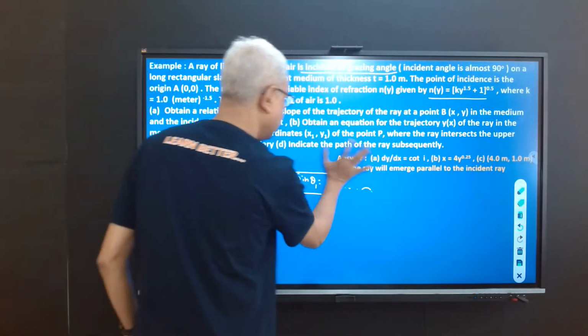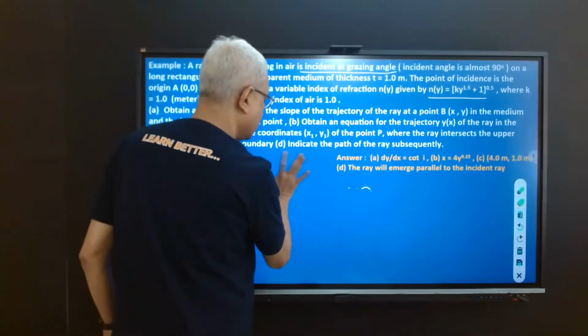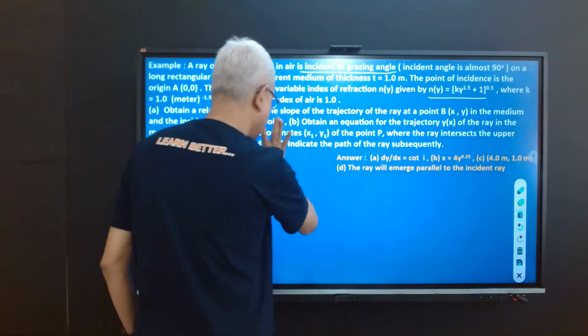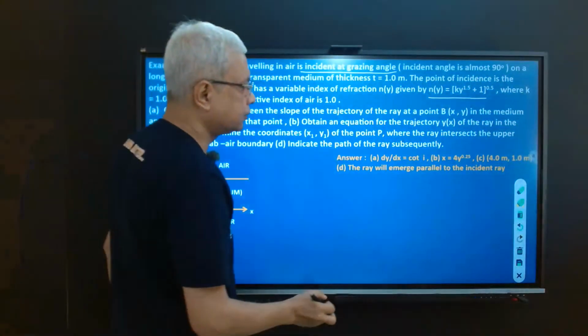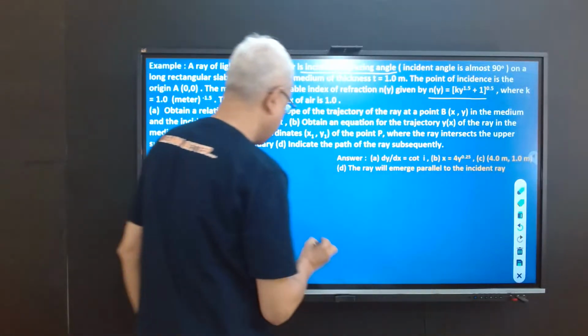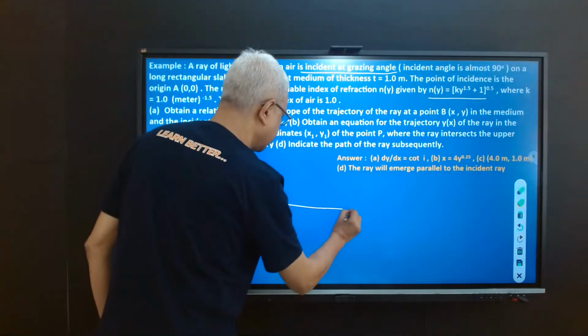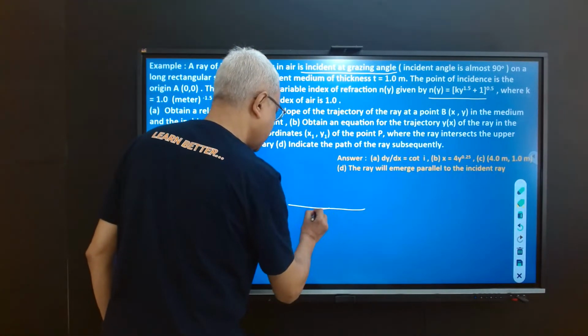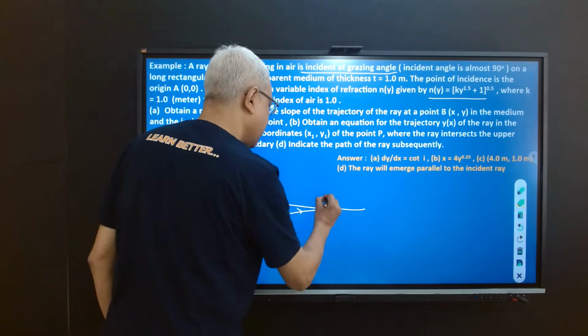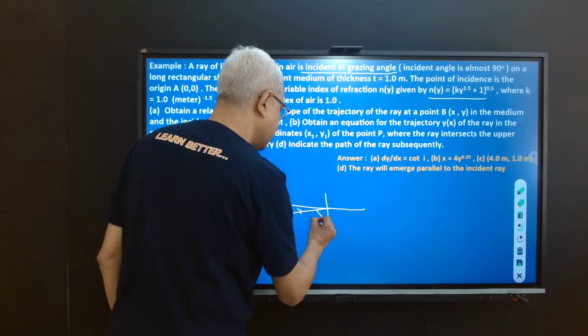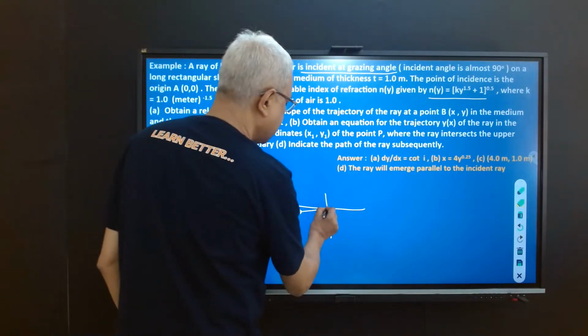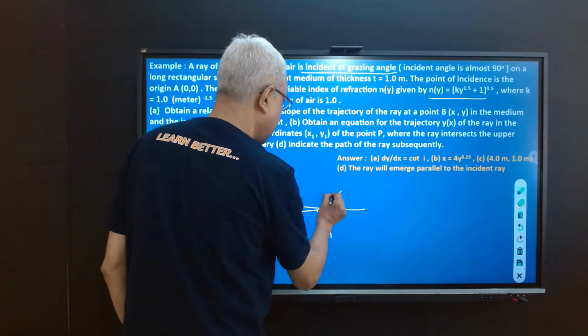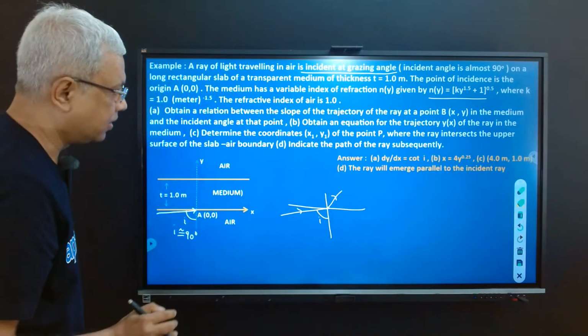So let me remove this thing also. So this is the ray, this is the angle of incidence, and it comes nearer to the normal.